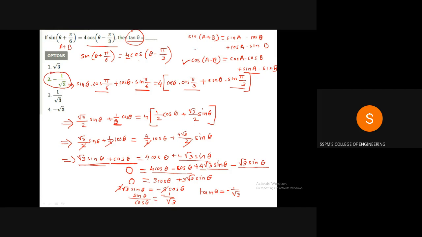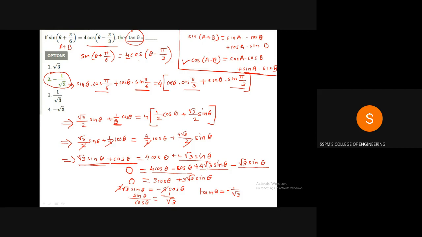So you have to remember these formulas. These are the expansions of sin A plus B and cos A minus B. What is the expansion of sin A plus B? Sin A cos B plus cos A sin B. And what is the expansion of cos A minus B?